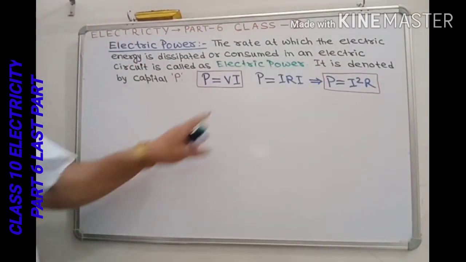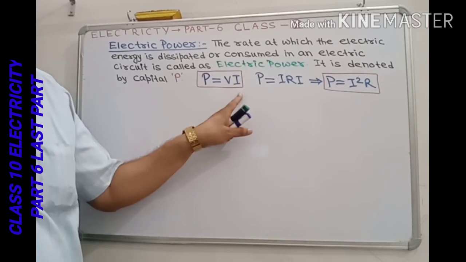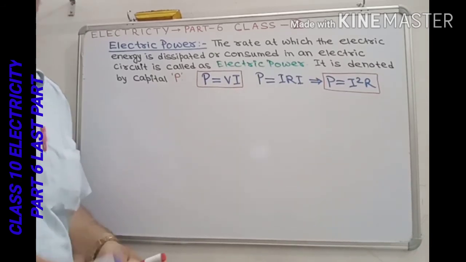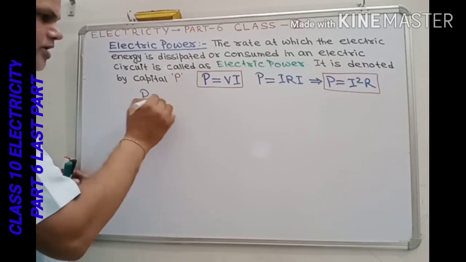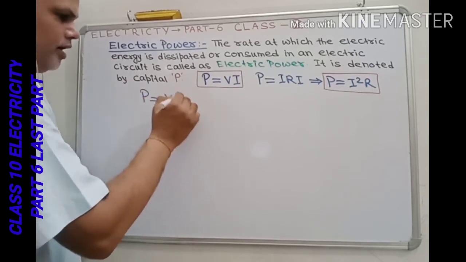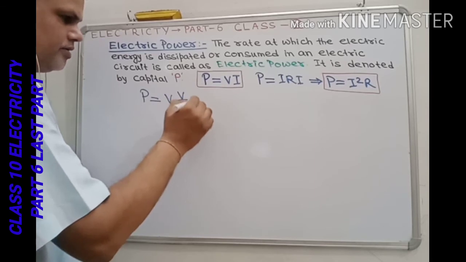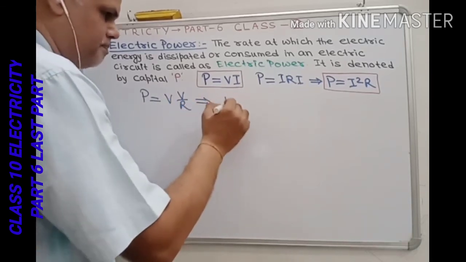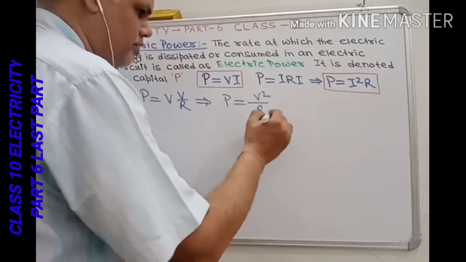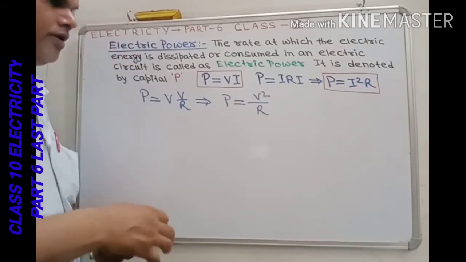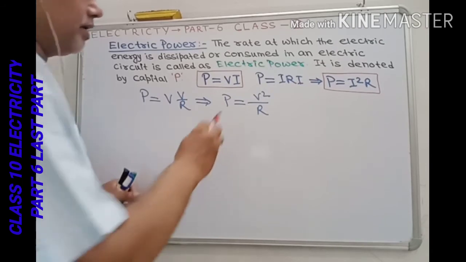Similarly, if I change the current I in terms of potential difference, then power becomes V times V upon R, so I can write power equals V square upon R. This becomes the third equation for calculating the power.